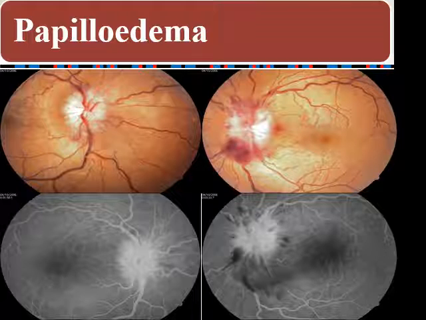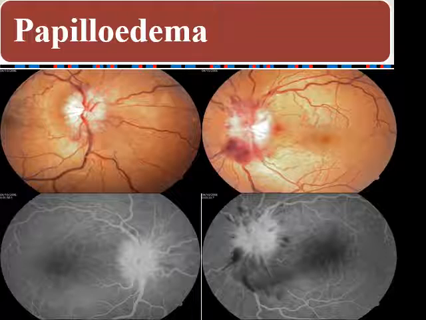With the progress of the disease, the papilledema is established with marked hyperemia, with peripapillary flame-shaped hemorrhage and sometimes cotton wool spots.